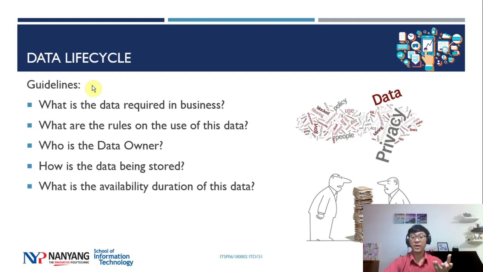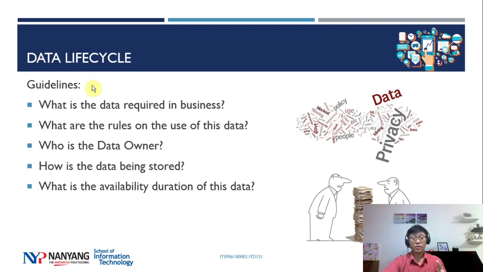Then you also have to find a way how you're going to store this data. Are you going to store them in Microsoft Access, or in Microsoft Excel, or a better database like a relational database, whether it's going to be in MySQL or Oracle as an example? Or where are you going to store this data?